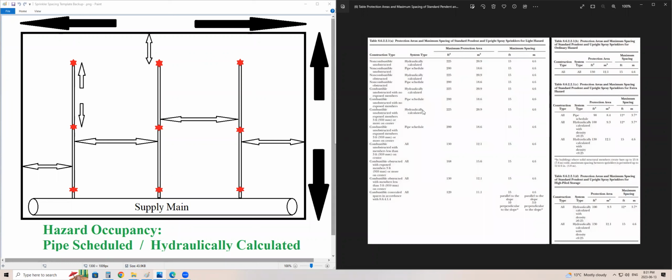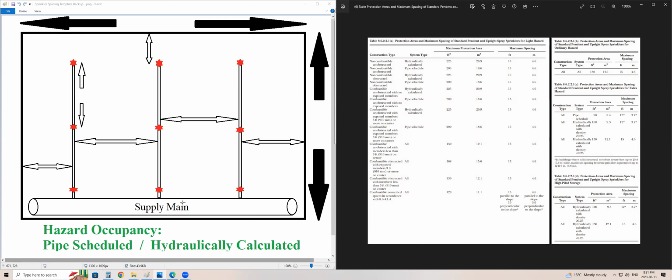Anyways, let's go back, and I'm going to talk about hydraulically calculated, which basically means a designer or an engineer has looked at the calcs, at what incoming pressure you have in the building. They've done their flow tests on the hydrants outside of the building, they've got their pitot readings, they've got all of their mathematical criteria, and they will calculate everything accordingly.